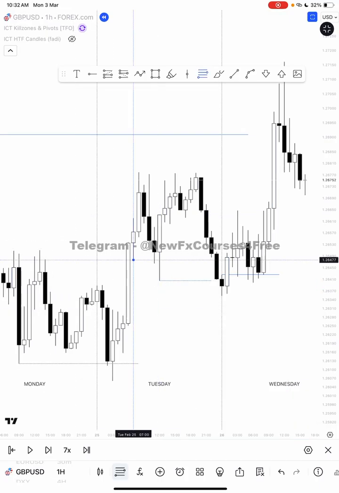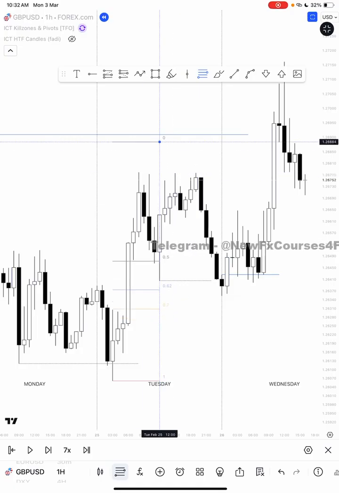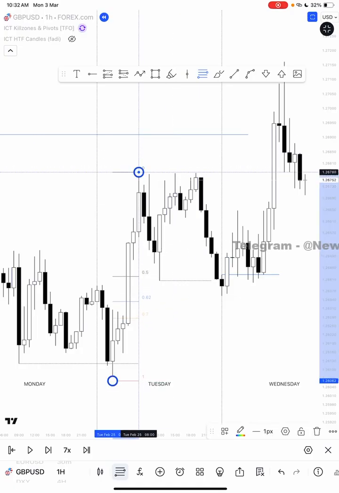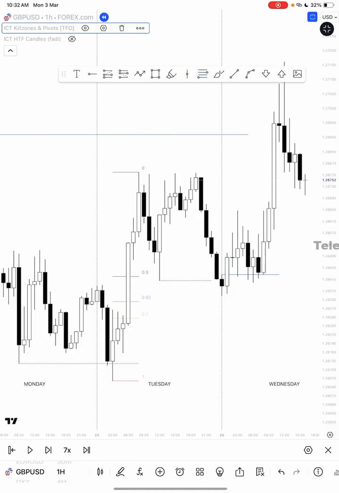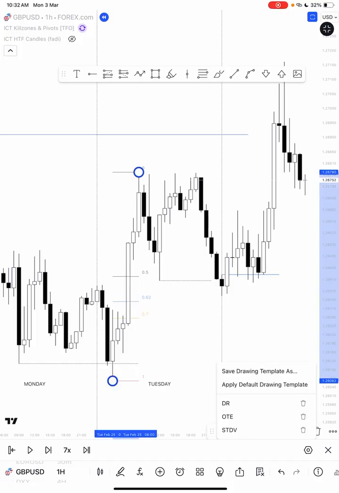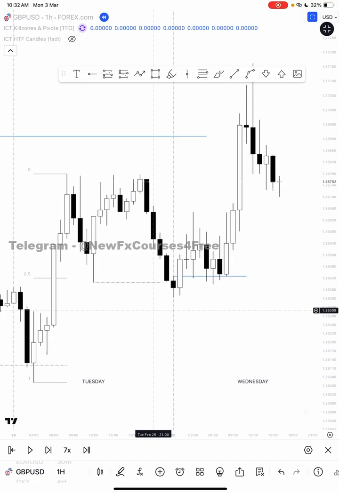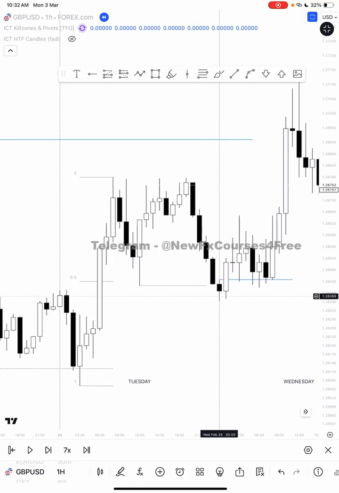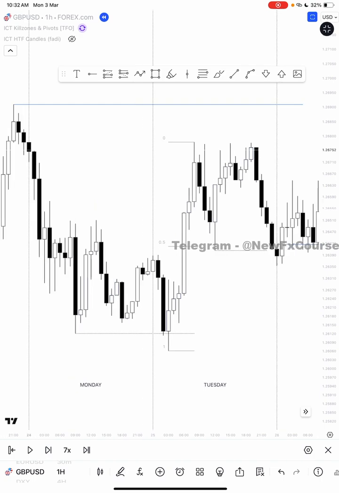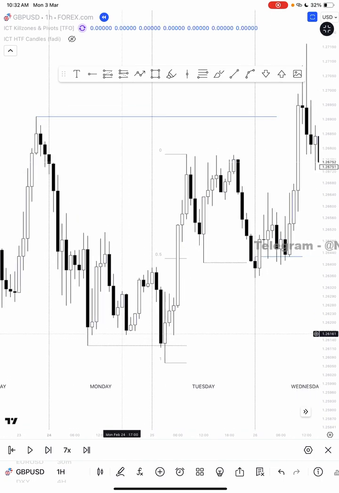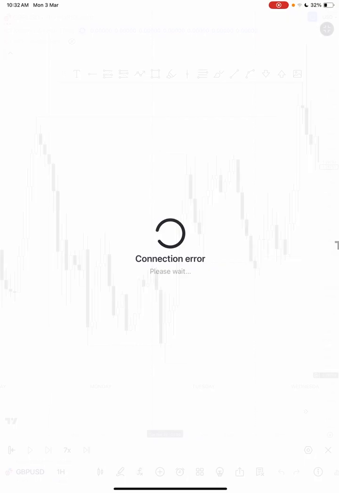Let me measure this for you all. So here you can see this old low was swept. So we got a ranging profile manipulation.